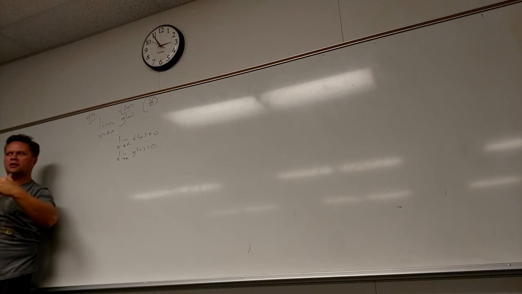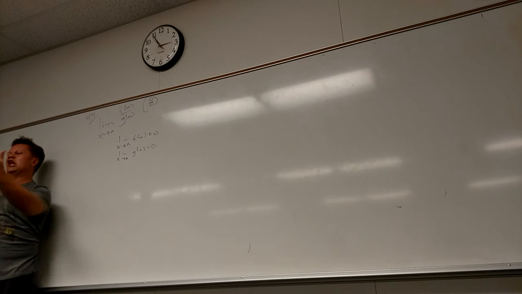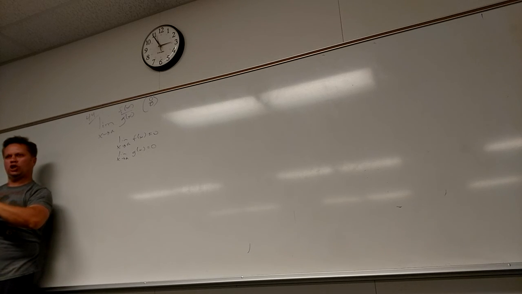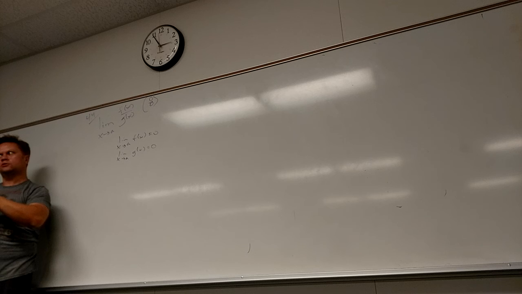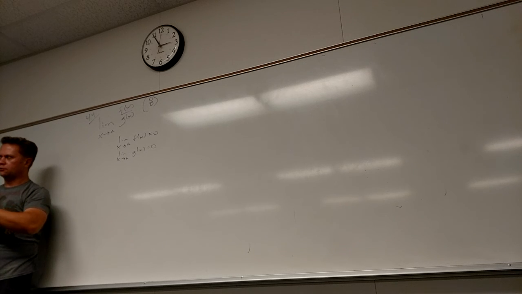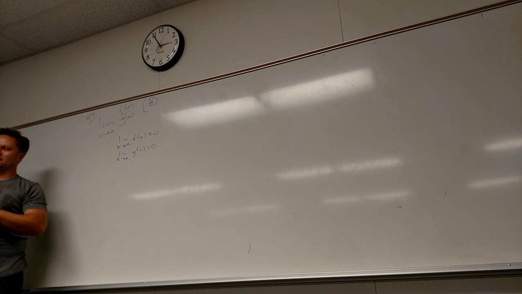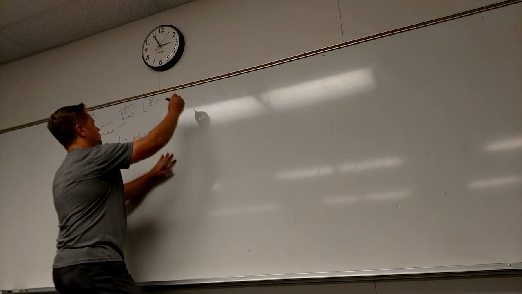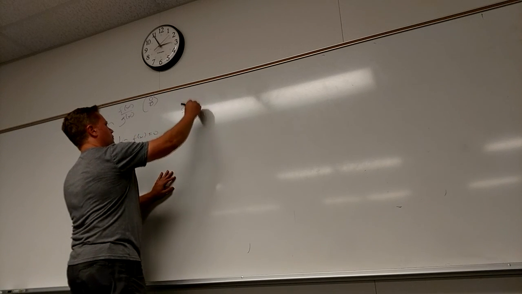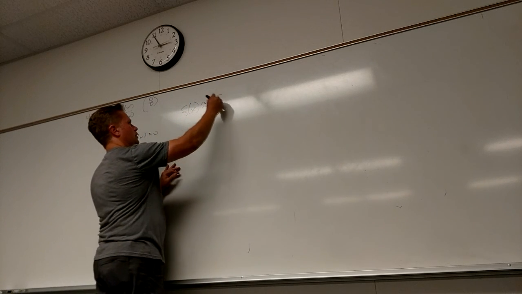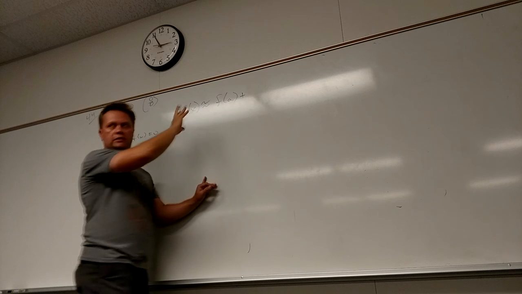All right, now I'm going to bring in linearization to talk about how to look at this. All right. So remember that from linearization, we got that f of x is approximately, remember this stuff?